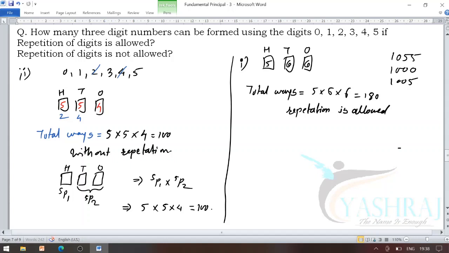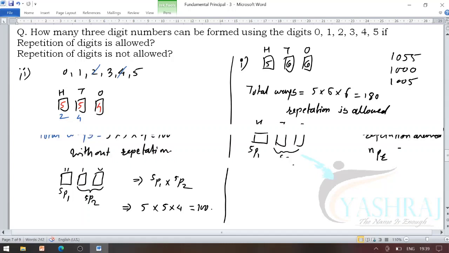You may use the permutation formula here. To fill up the hundreds place digit, we have a total of 5 digits. Among them we have to select any one. So we have 5P1 ways to fill up the hundreds place. Now repetition is allowed, so among the tens and ones places we have a total of 6 digits. Among them we have to choose any two. As per the formula for permutation with repetition allowed, nPr equals n to the power r.